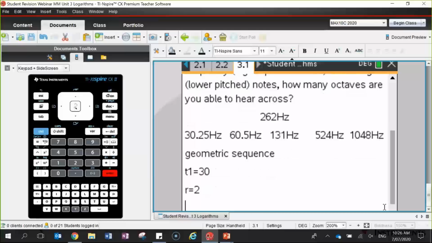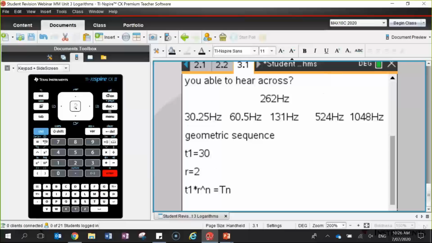So I should remember that term 1 multiplied by r to the power of n is going to give me term n. I should remember that from Unit 1 and my work there. So using that, the first value is 30.